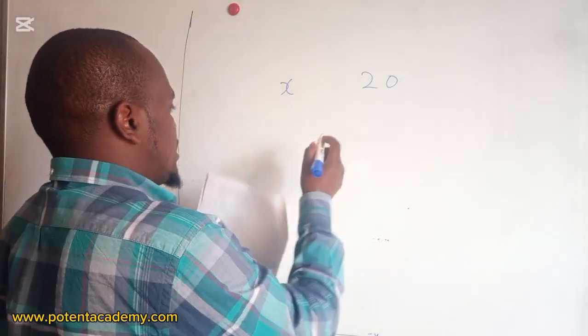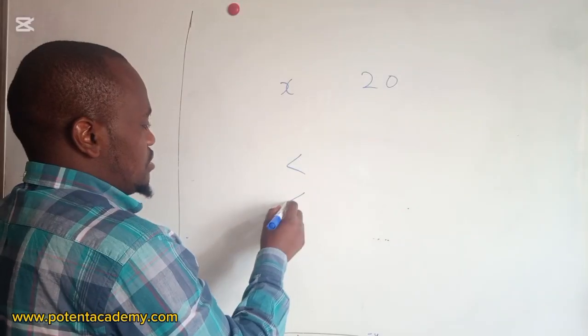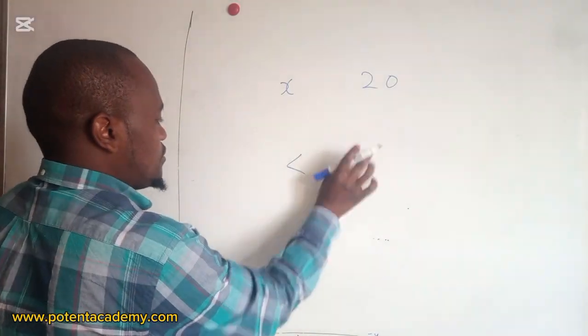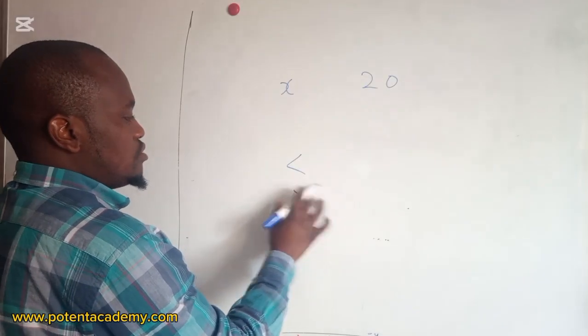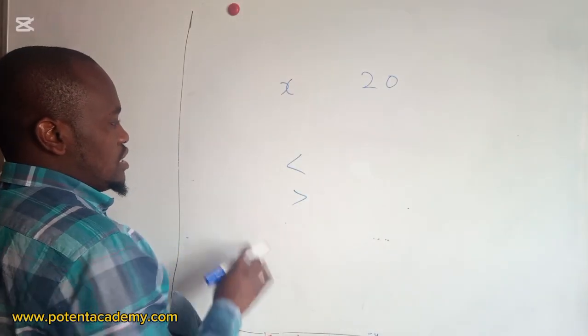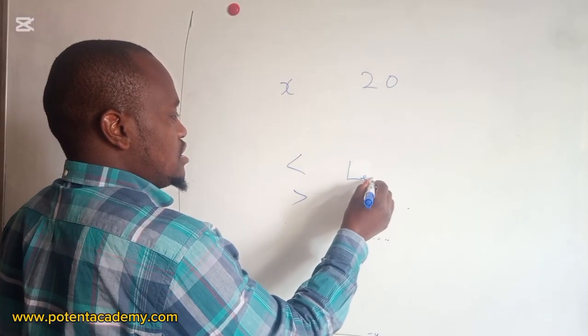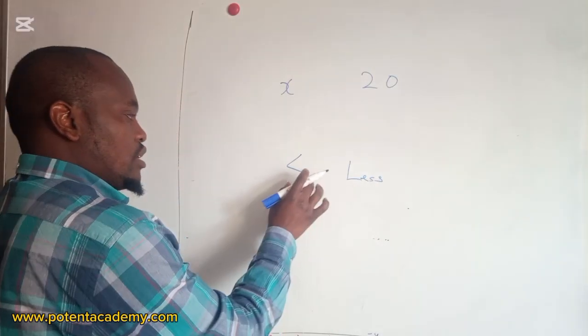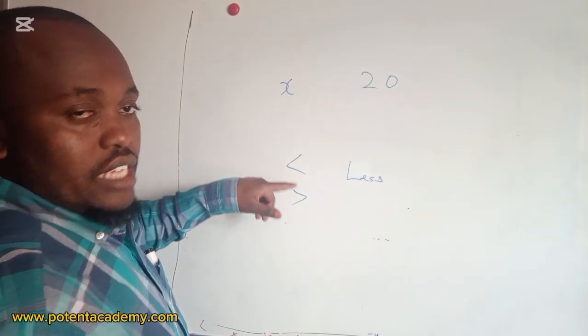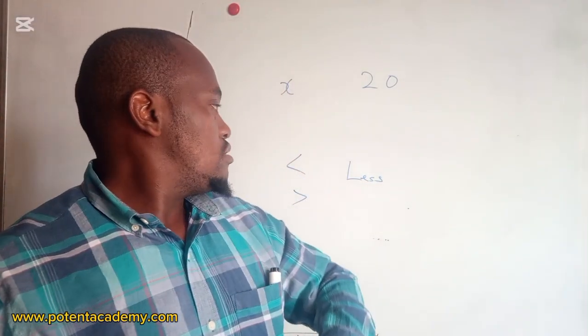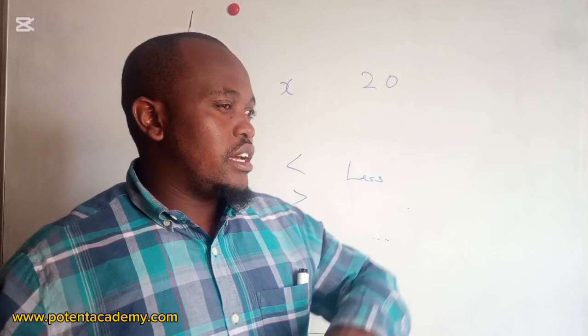So what's the sign? We have this one for less, and this one for greater. If you do not know how to use these signs, when you see this, it is like an inverted L, which is for less. Some teachers will tell you to use the right or left hand.